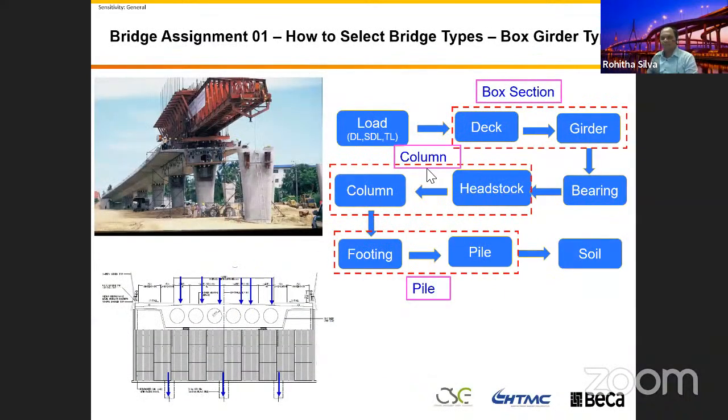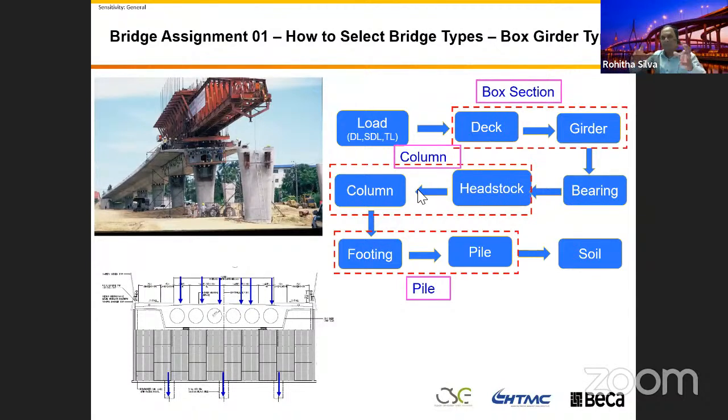Then if you say, no, I don't like that one, I want to use a wider box girder like the Fanankao bridge, the box is 27.6, a twin cell single box. You can still design it, right? If you choose a box, you can replace your deck and girder with one unit, a box.